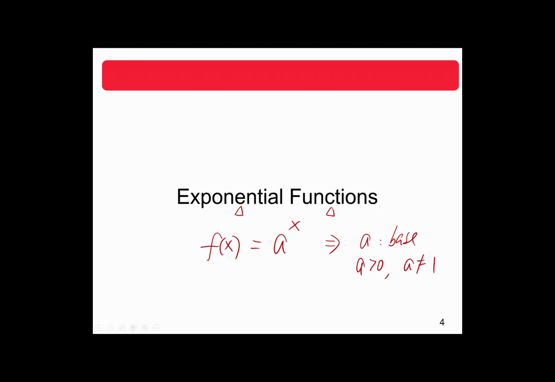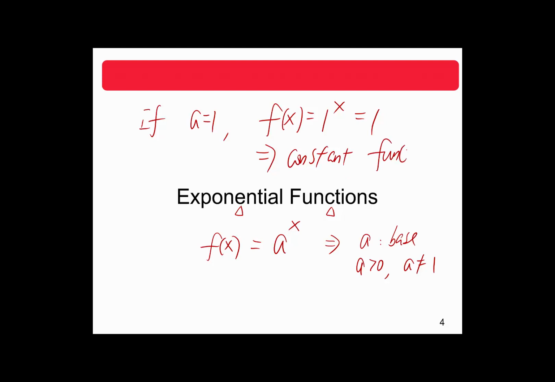If a equals 1, then f of x becomes 1 to the x, which is basically 1. So this is not an exponential function anymore, because this is what we call a constant function. f of x equal to 1 is a constant function.